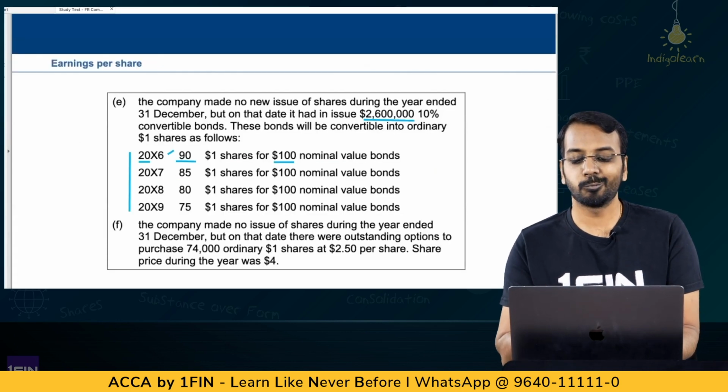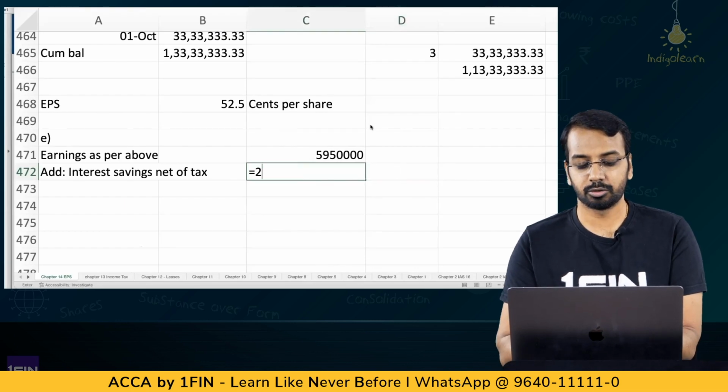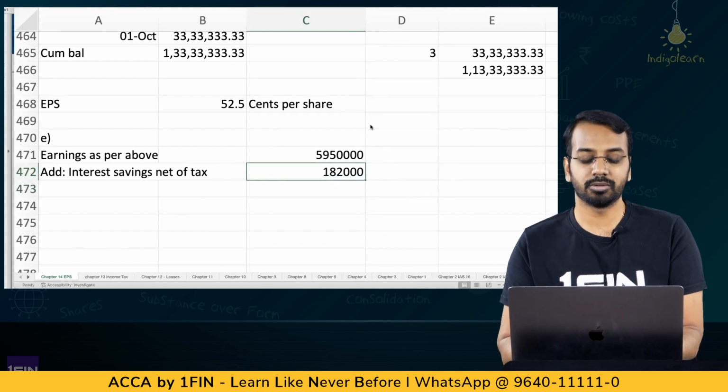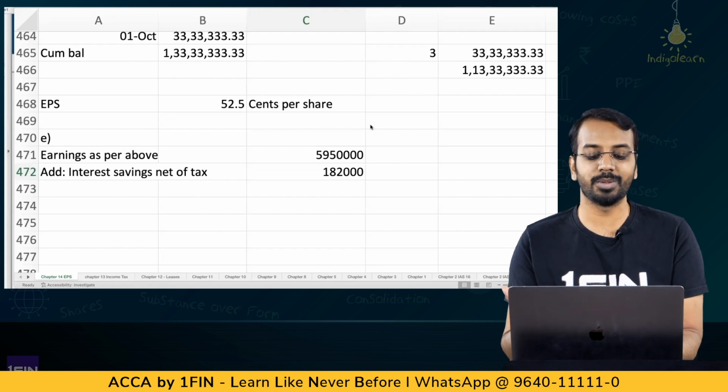The question says 2.6 million. So 2.6 million multiplied by 10% multiplied by 1 minus 30%, the tax rate, which is 182,000. That is the amount that you will be saving because of conversion.